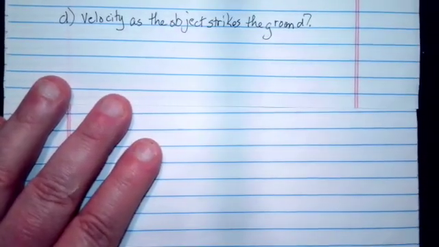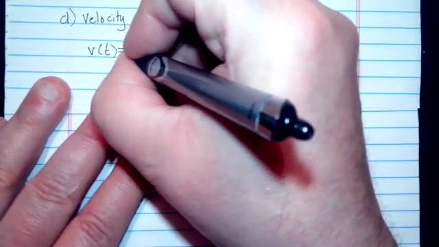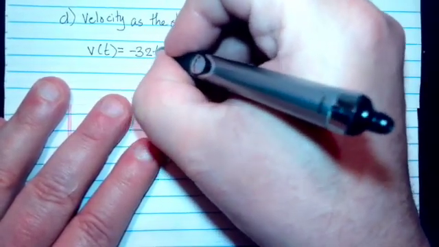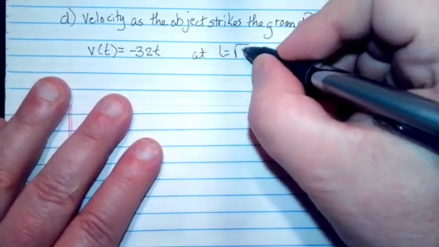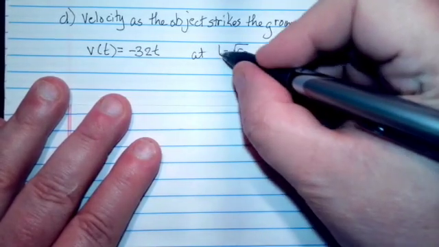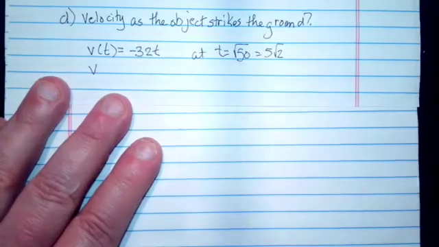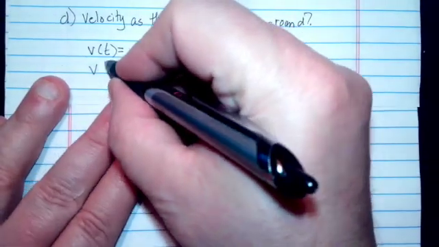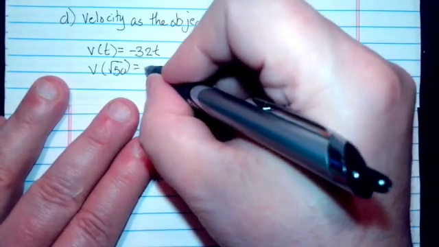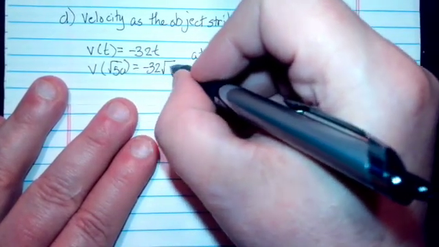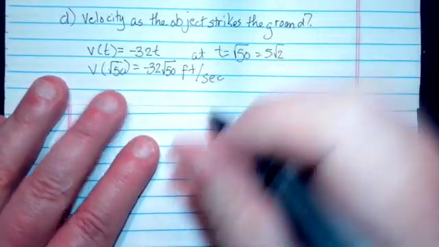In part D, we want the velocity as the object strikes the ground. Well, again, we know that the velocity is given by -32t, and we know when the object strikes the ground. That's at t equals square root 50, or 5 times square root of 2, whichever you like. So to find the velocity as the object strikes the ground, we'll find v of square root 50, which is -32 times the square root of 50, and that's going to be in feet per second.